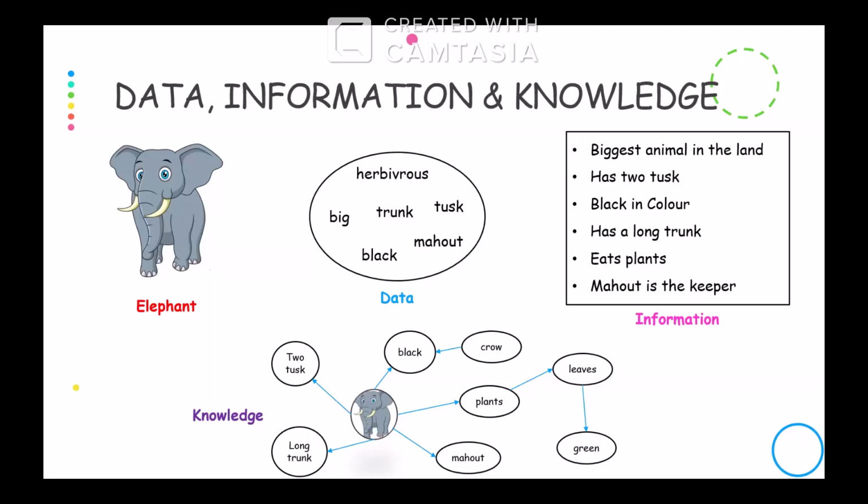Okay. But the question is, have you received or perceived this information regarding the elephant from a single source at a single moment? Is that true? No, right? We have got this information from different sources, at different times.